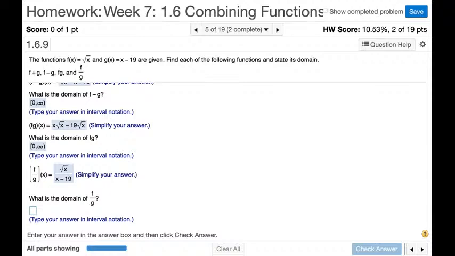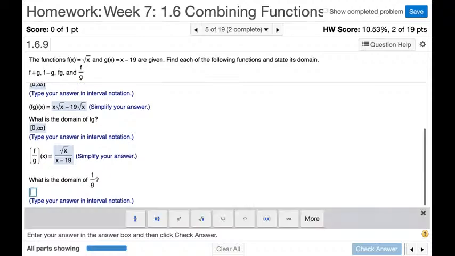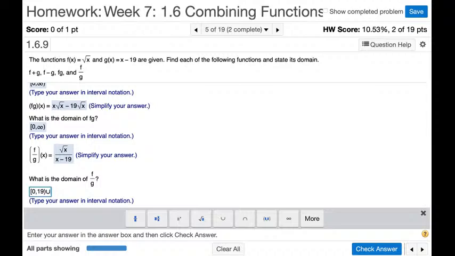So then what I'm going to do for this one, it's still going to be greater than or equal to 0, but we've got to throw out 19. So the far left is going to be 0 up until 19. It can't be 19, so 19 needs a parenthesis. I'm going to hit cup, or do my union, and then I want to go from 19 to infinity.